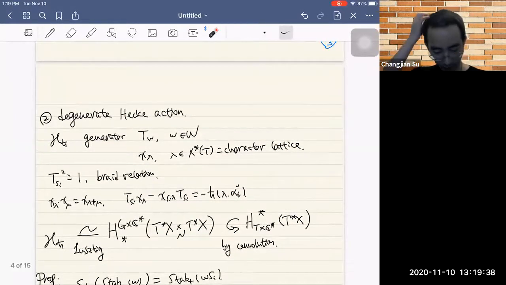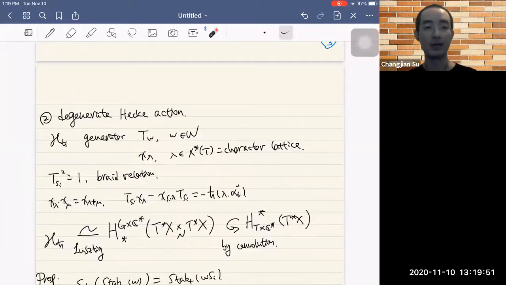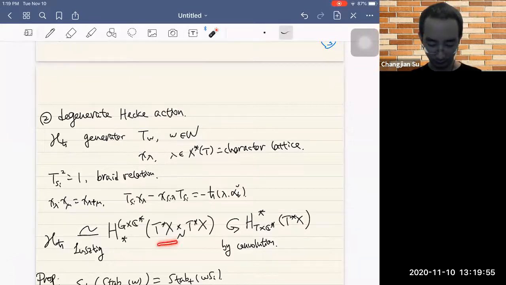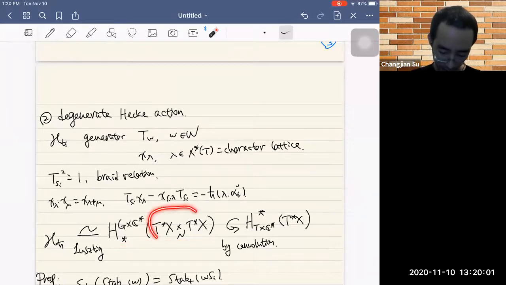One of the classical results about this degenerate Hecke algebra is the following. We recall the cotangent bundle of the flag variety is the resolution of the nilpotent cone, and then we can form the fiber product with itself. And then we can consider the Borel-Moore homology of this. This is called the Steinberg variety, and this is the Borel-Moore homology.